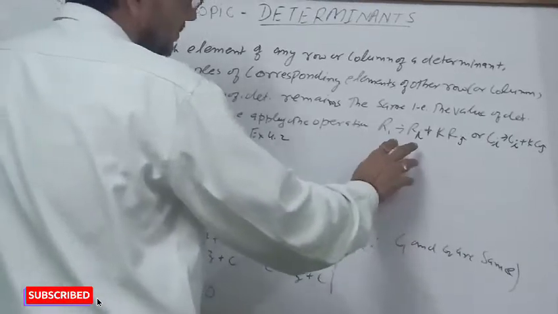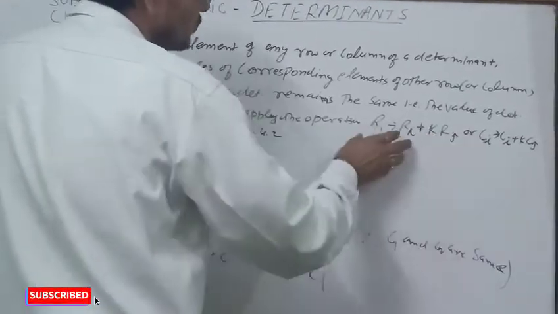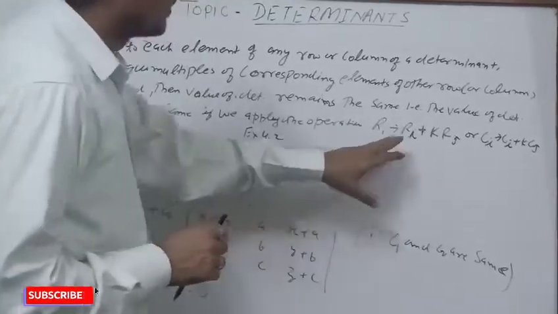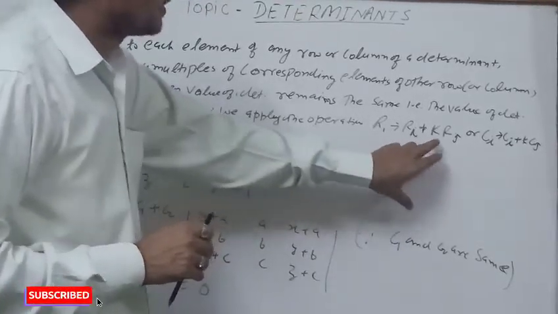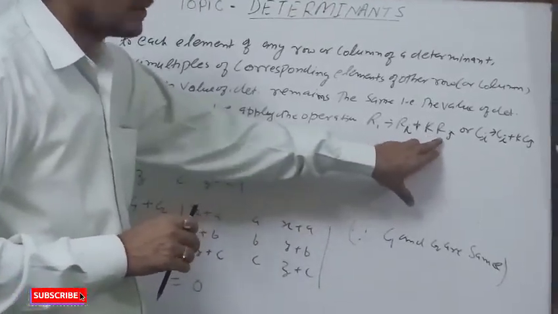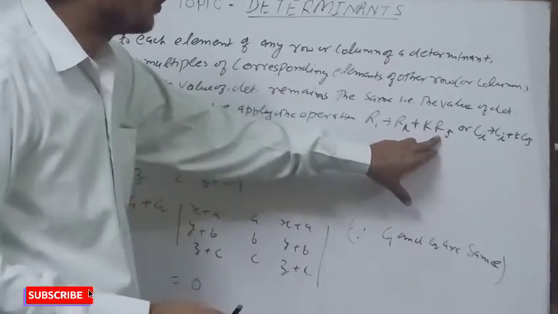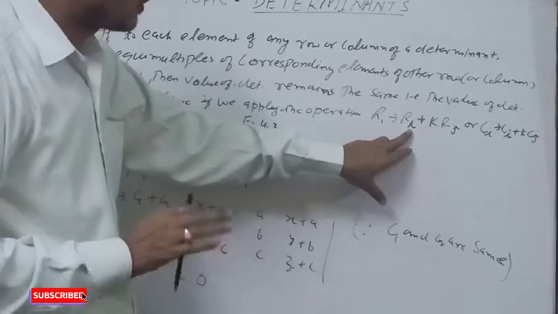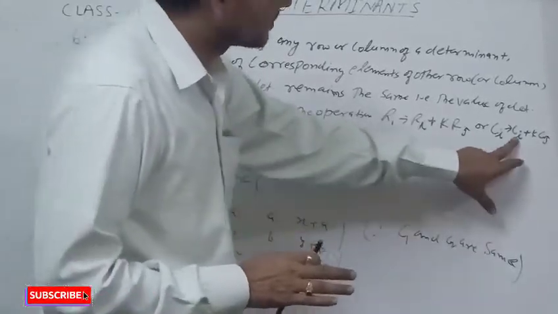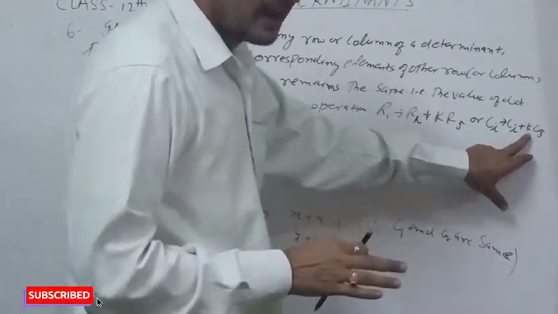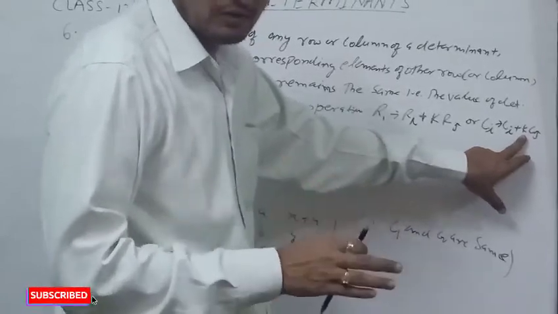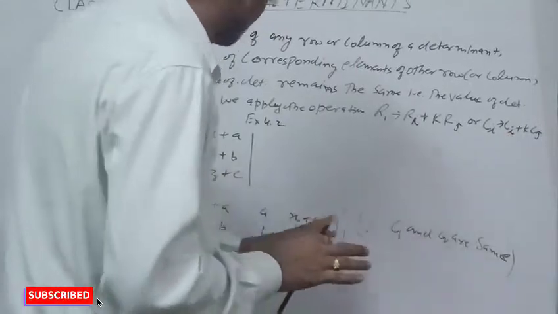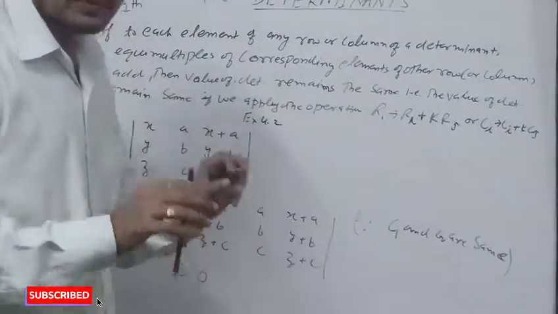The meaning of these two properties is that if we multiply any row by a scalar and add it to another row, or multiply any column by a scalar and add it to another column, the value of the determinant remains the same.